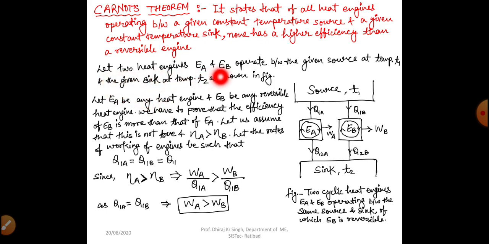Let 2 heat engines EA and EB operate between the given source at temperature T1 and given sink at temperature T2.